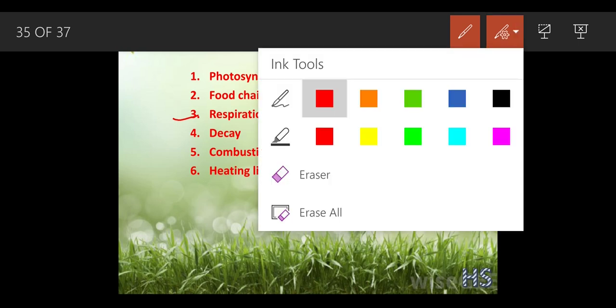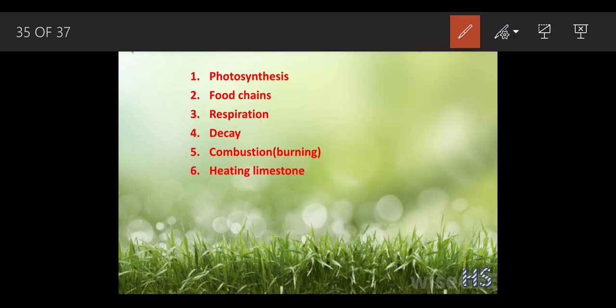When these plants and animals die, decomposers feed on them. Who are decomposers? Decomposers are bacteria and fungi which consume the dead remains of the plants and animals.